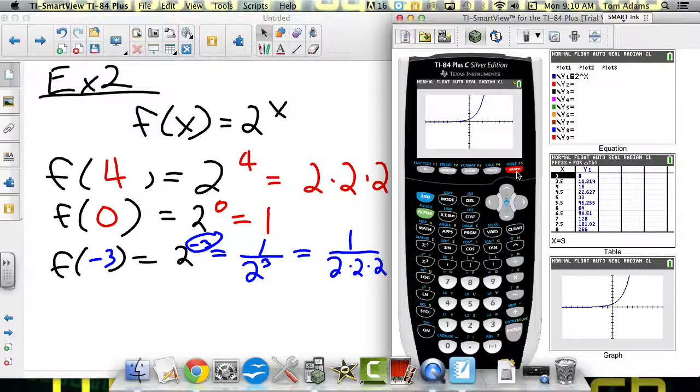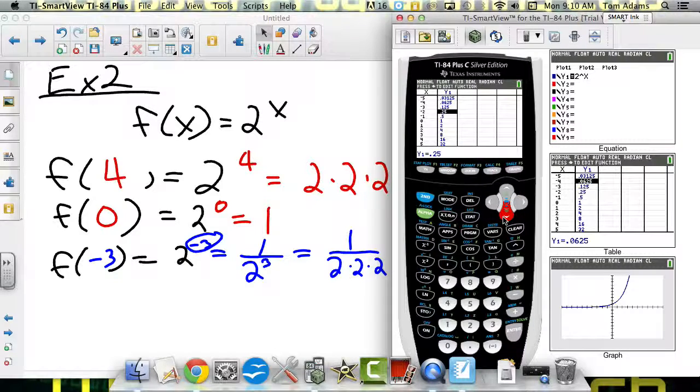Okay? Now, if we look at the table of values, this is what we're doing. We're saying f of -5 is equal to 0.03125, and so on and so forth. So this is the x value, and this is the corresponding y value. So we plugged in numbers like 0, which gave us 1, right?